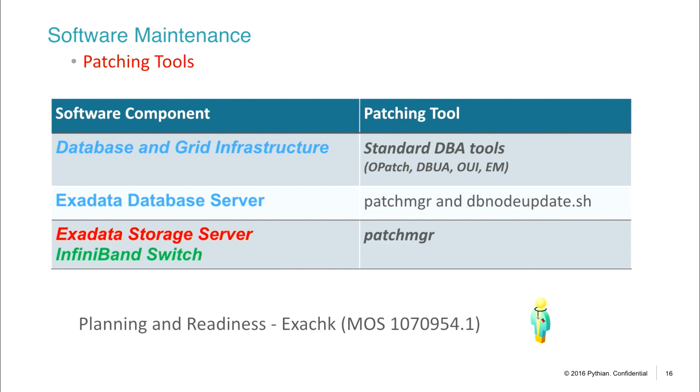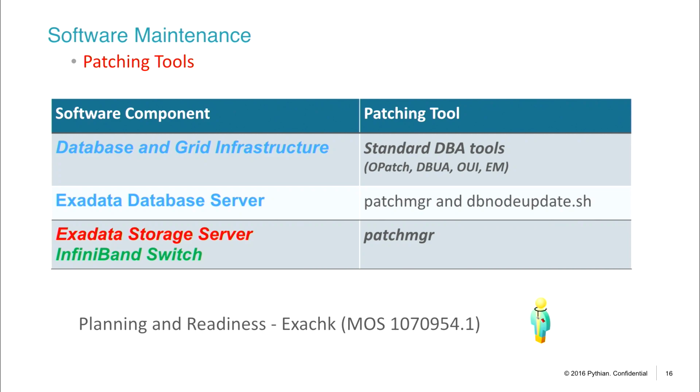Now, what are the patching tools that we have? For the database and the grid infrastructure, it's the standard tools that we know how to manage. It's OPatch, the Oracle Universal Installer (OUI), and Enterprise Manager.